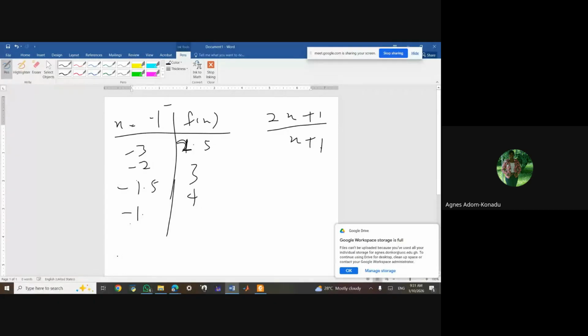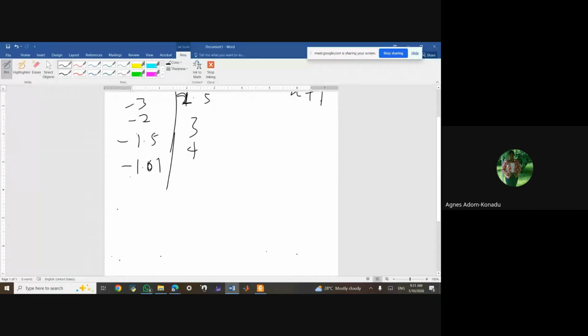Maybe negative 1.01. It's also close to negative 1. So use the calculator and let's see what you're going to get. Or negative 1.0001.